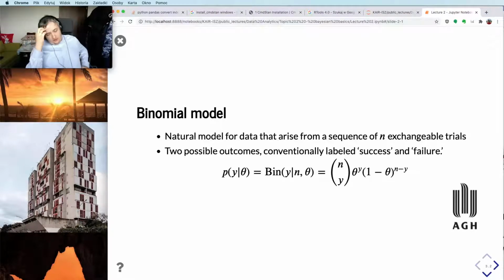A variable is exchangeable if we don't really care about the order in which things happen, or how they are grouped. Each experiment is exchangeable if, within a certain group, we don't care about the order or sequence of those experiments.